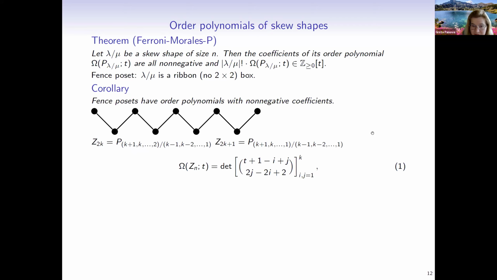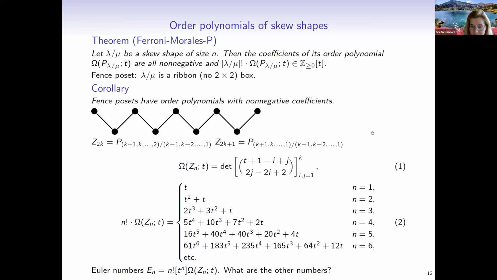It turns out it has no negative coefficients, which you can compute. And then, of course, your natural question is, the leading terms are just the number of zigzag, alternating permutations, Euler numbers. So what are the other terms? What kind of permutations are they counting? This is a natural first question you can start asking.